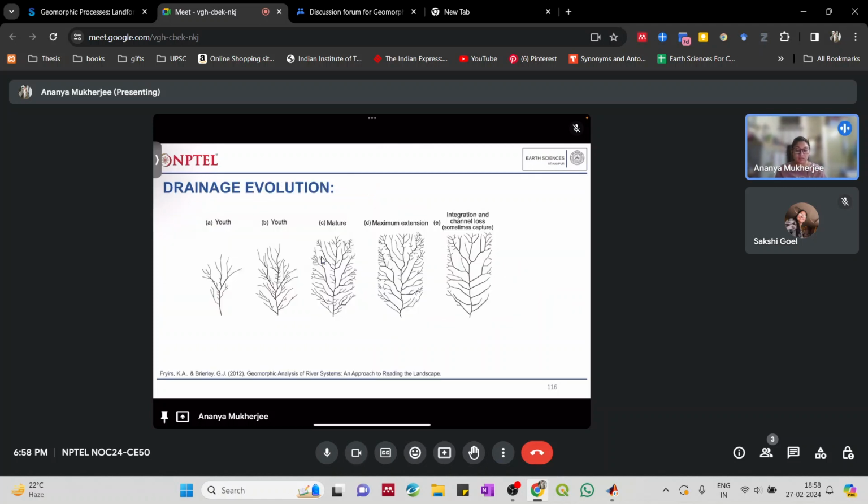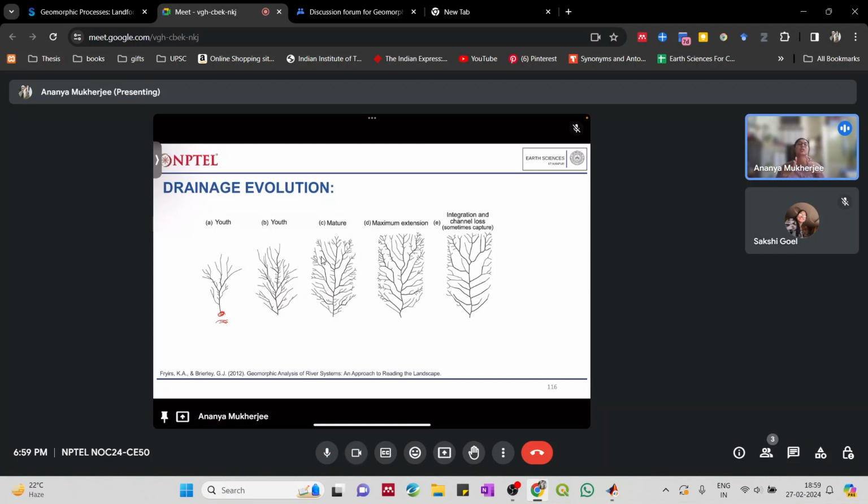So we had seen how the drainage evolution happens. In the youth stage, suppose this is the origin that we see, as we had seen before, most of the water is coming in, and the channel width is very narrow, so these don't reach out to larger areas.